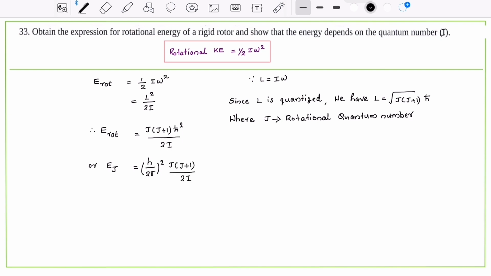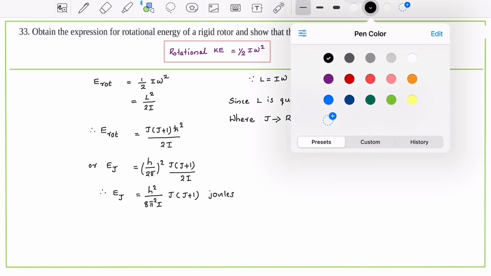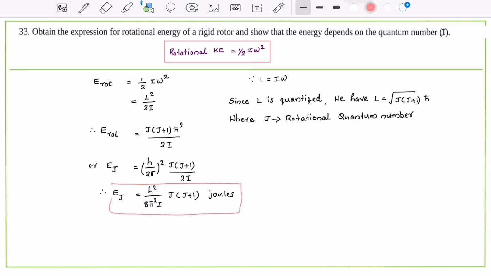Now we can write it as E_J is equal to h square by 8 pi square I into J (J plus 1) joules. That is, the rotational energy depends upon the rotational quantum number J.